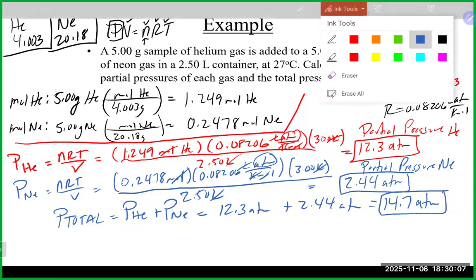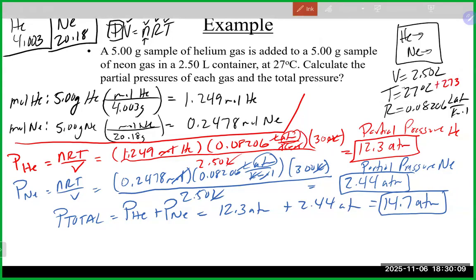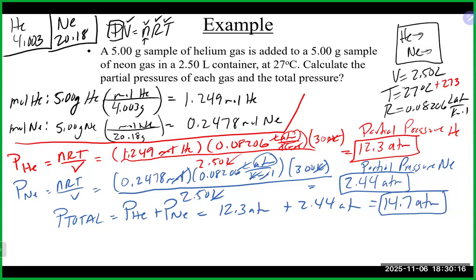Obviously, we can see from this problem, although we have the same number of grams of each of these gases, the major contributor to the pressure in this case is helium. The reason why helium is a major contributor, as we'll talk about shortly, has to do with these numbers right here.